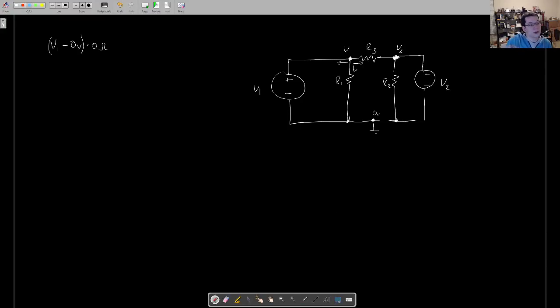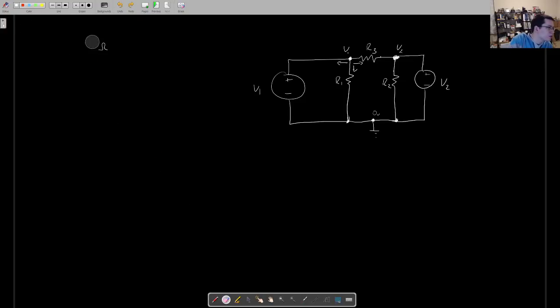So now we're going to use that fact to calculate all the values in this circuit. So this is I1. Let's color code, because I can color code.